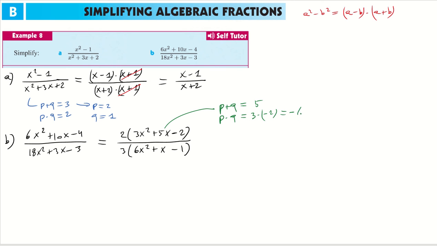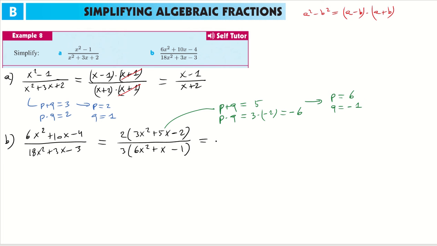That is equal to negative 6. So I need two numbers. The sum must be equal to 5, and the product must be equal to negative 6. That is the case when one of the numbers is equal to 6 and the other number equal to negative 1. Because 6 plus negative 1 is 5, and 6 times negative 1 is negative 6.